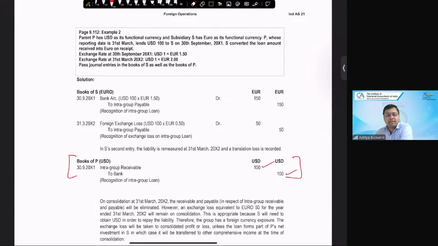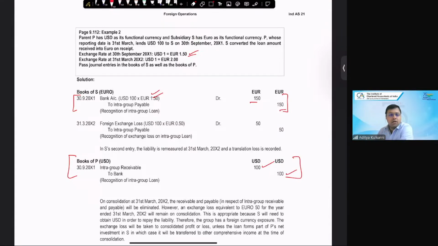This is the functional currency, so here you do not need to do any conversion. Now in the books of S, you are having bank account debit 150 to intra-group payable. This is the conversion rate of 1.5. So I have recognized an intra-group payable of 150. Is there any doubt here? No. All clear? Yes. Monica, clear? Yes, sir. Okay. Now let us move next.